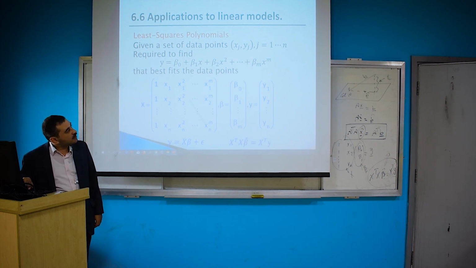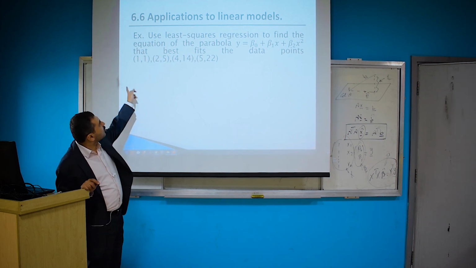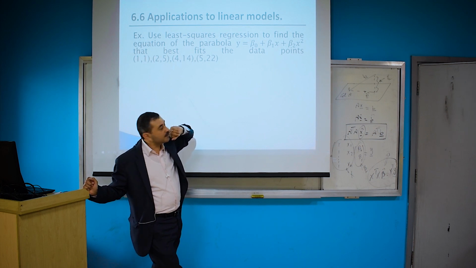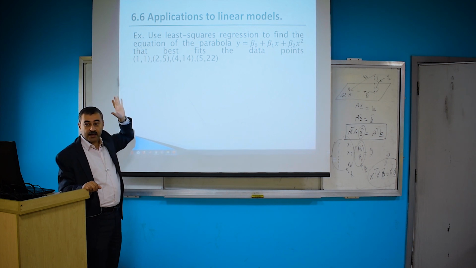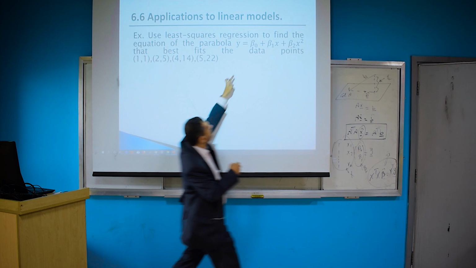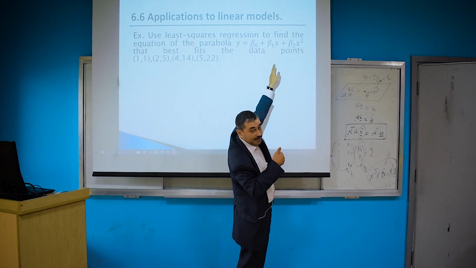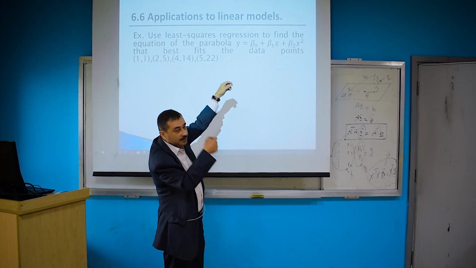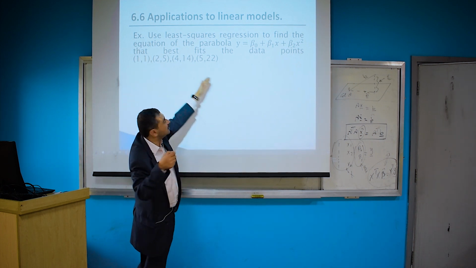So this would be your X, beta, and Y, and substitute to get your beta. Okay, so let's apply it for a parabola, for example. I want here for these data points to fit a parabola, a quadratic equation. So what would be our X matrix? A column of 1s, the coefficient of beta naught. The coefficient of beta 1 is x, so you take x of the data points 1, 2, 4, 5, and a column for x squared: 1, 4, 16, 25.